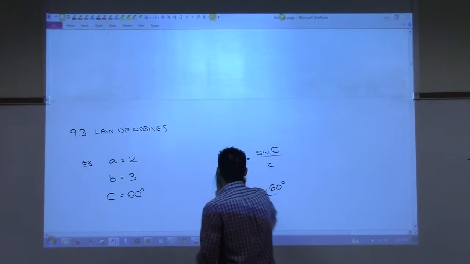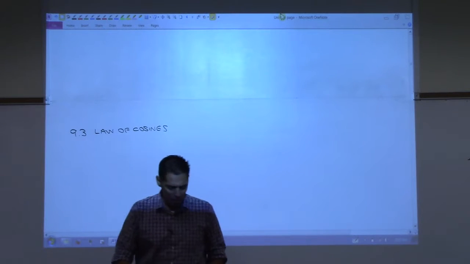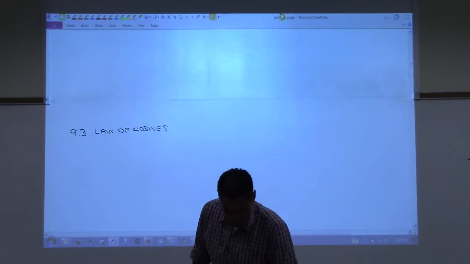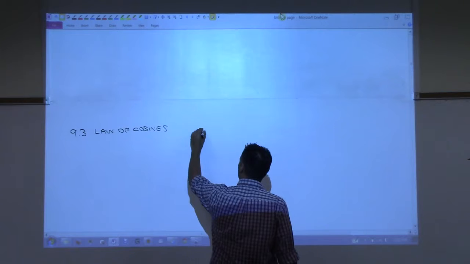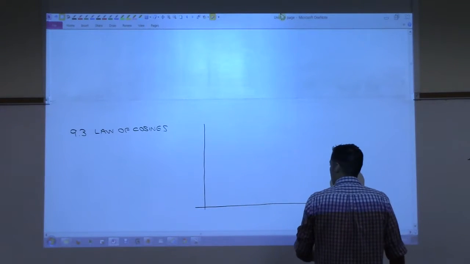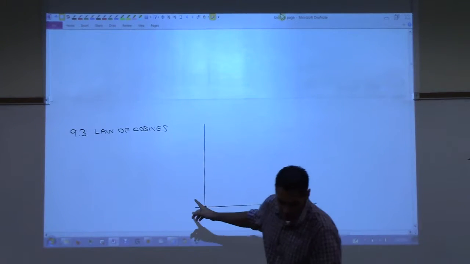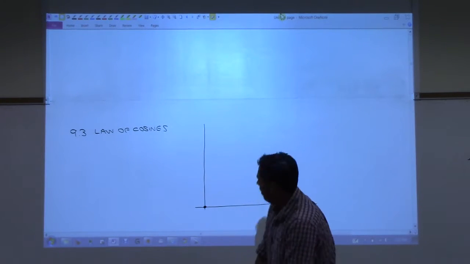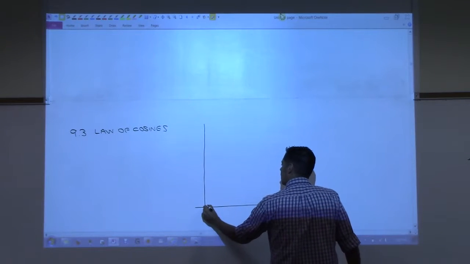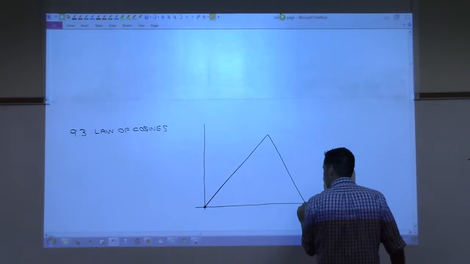So let's actually come up with the formula. I'm going to prove the law of cosines here, and to do it, I'm going to draw a picture. I'm going to see if y'all can follow along with this. This is the origin, all right, everyone? I'm going to draw a triangle. This triangle is just some random triangle here, okay?